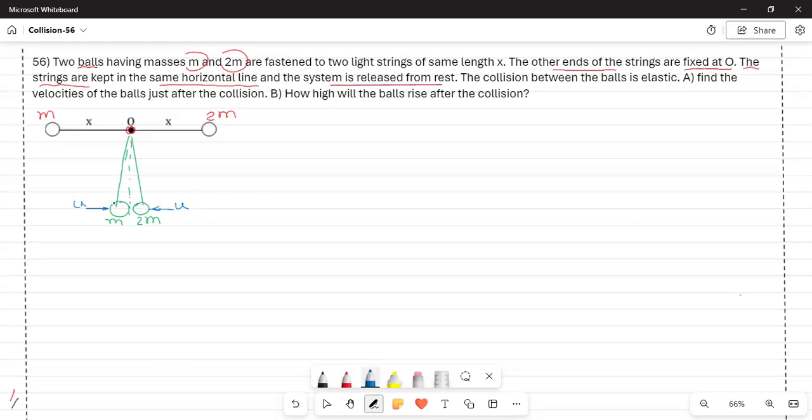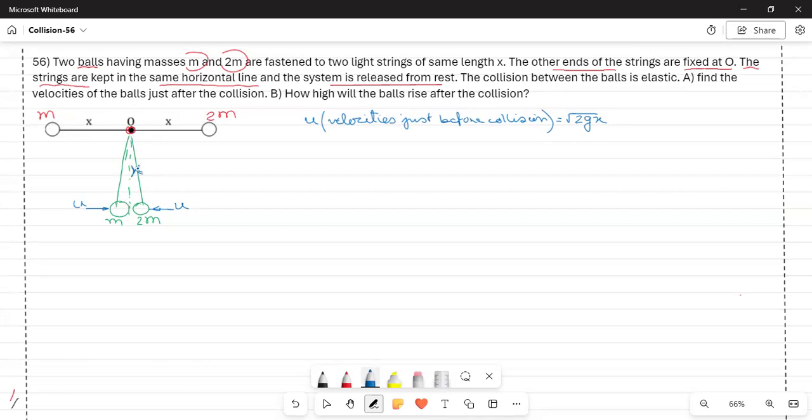From the theories of the chapter of kinematics, u is the velocity just before collision, which is under root 2gx, because this height is x.